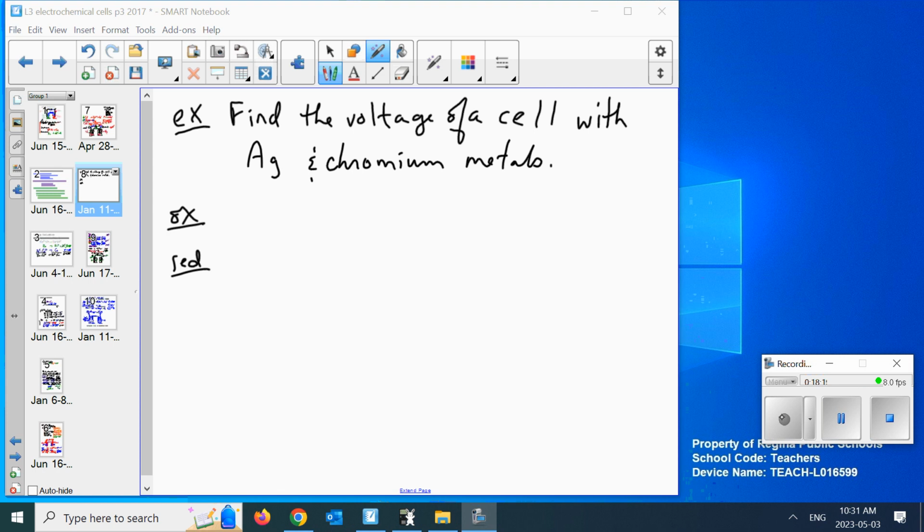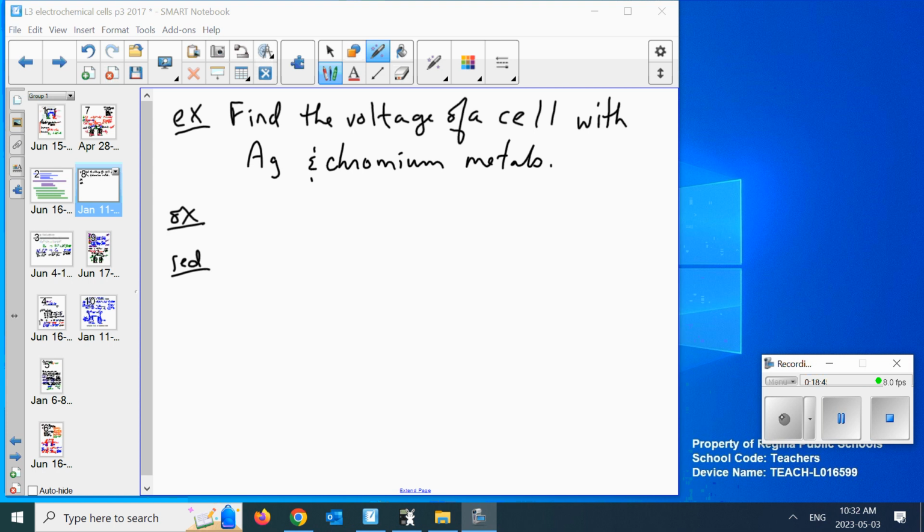Lower down, chromium 3 plus, 3 electrons to chromium, negative 0.74. So I know I have to flip one of them, and I want it to add up to be positive. Which one do I flip? The positive or the negative? The negative, right? So I'm going to list the silver as is, because it's already positive. That's Ag plus an electron.